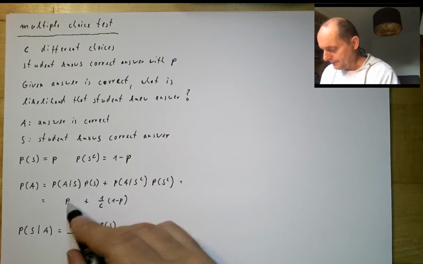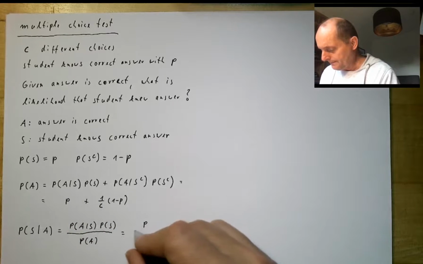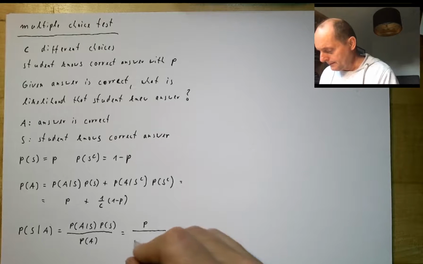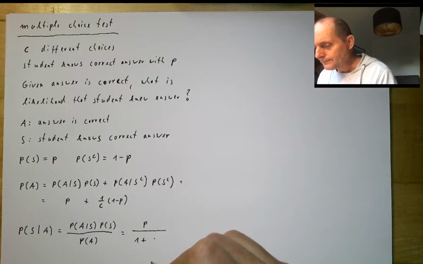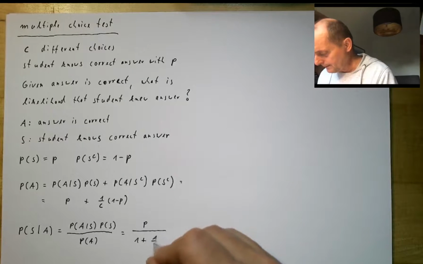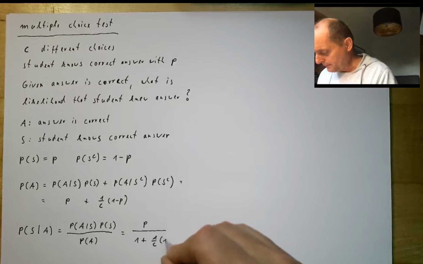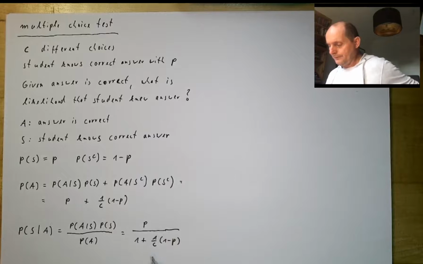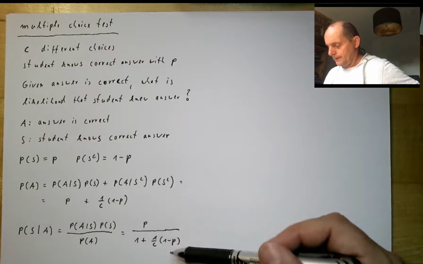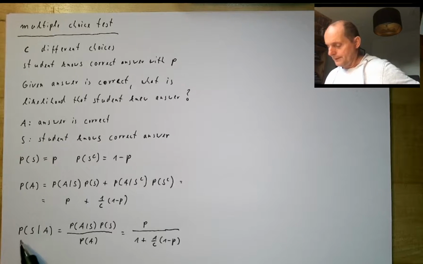This here we calculated also already, that's P divided by 1 plus 1 over C times 1 minus P. So that's now the solution to our question: the probability that the student knew the answer given he has a correct answer is this formula.